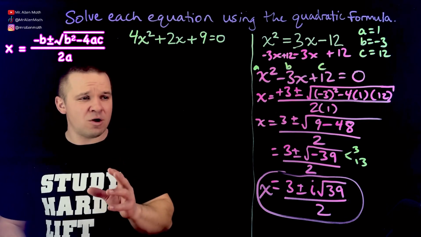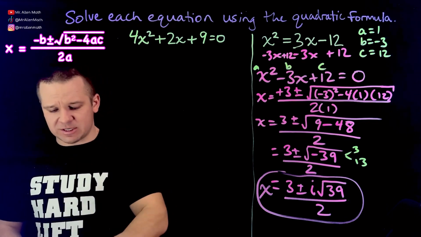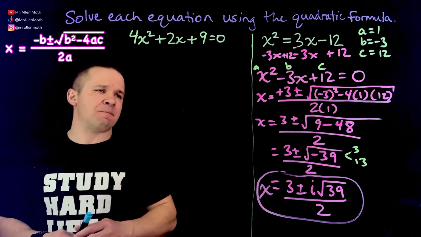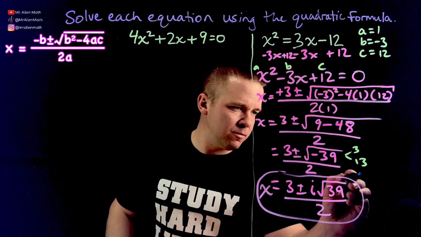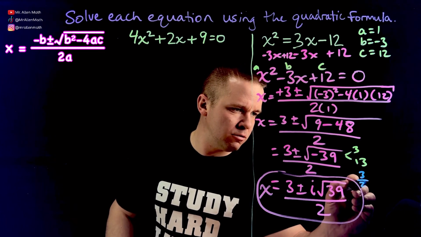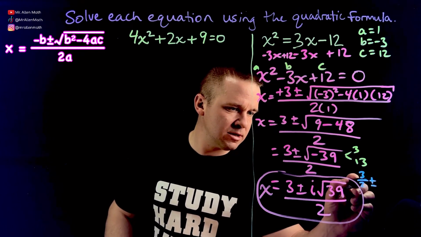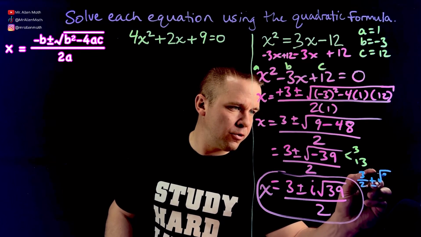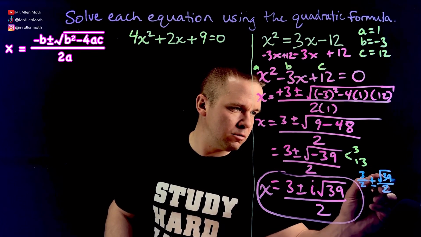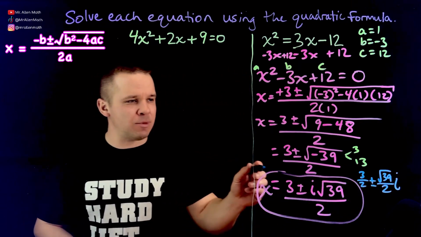Now, sometimes they require you to write it in the a plus bi format, where you'd have it like this. 3 over 2 plus or minus, and then it would be root 39 over 2. I think that's the most official way.